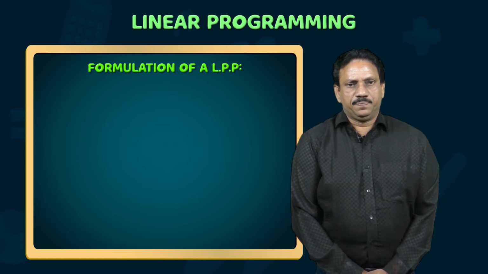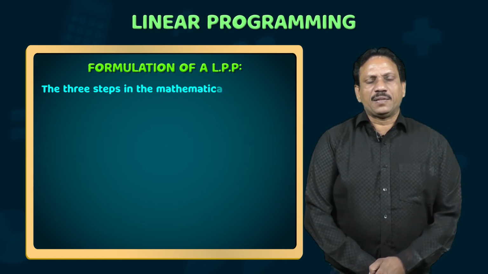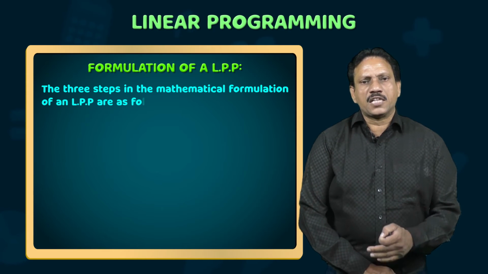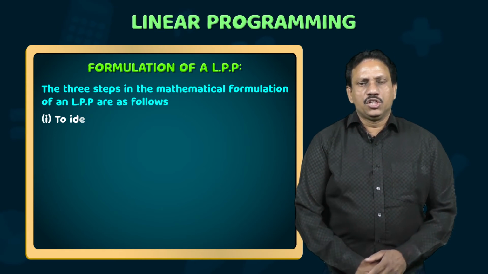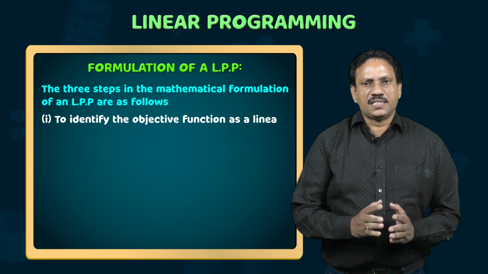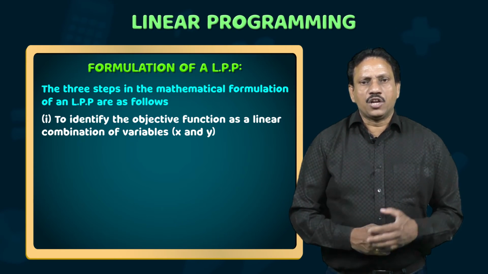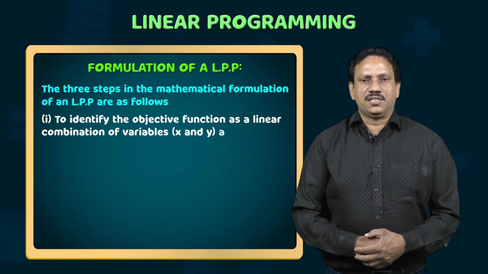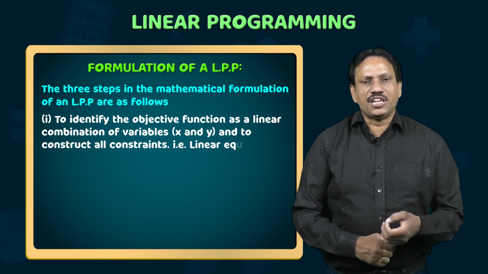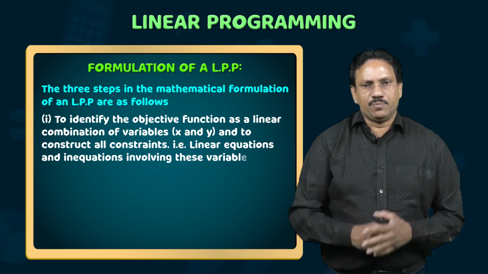Formation of a LPP. The three steps in the mathematical formation of an LPP are as follows. Number 1: to identify the objective function as a linear combination of variables. Variables are x and y. And to construct all constraints, that is, linear equations and inequations involving these variables.